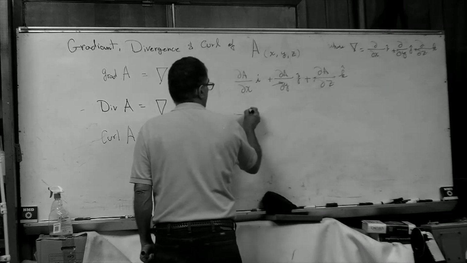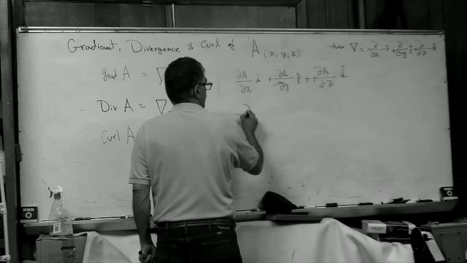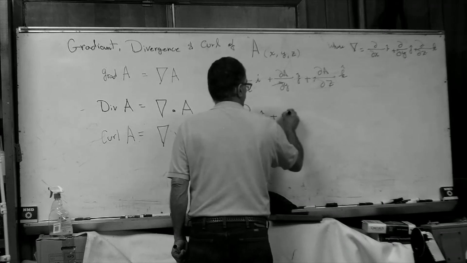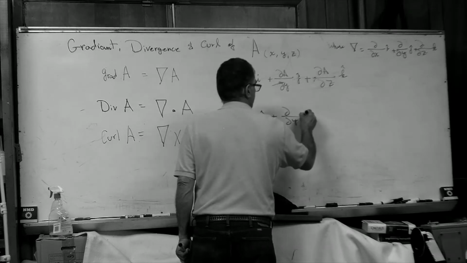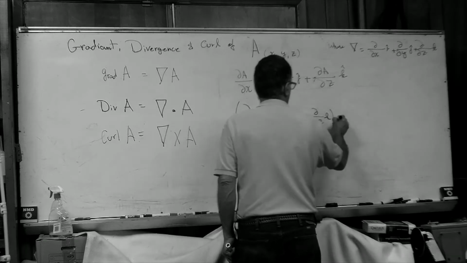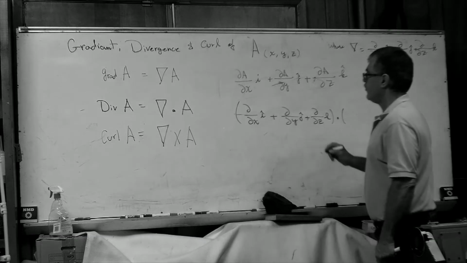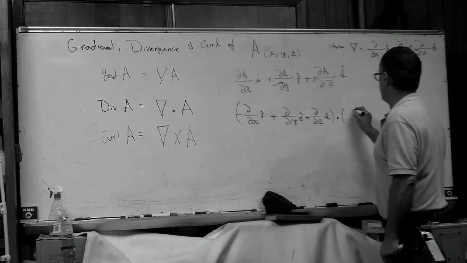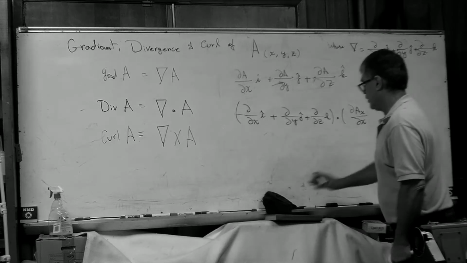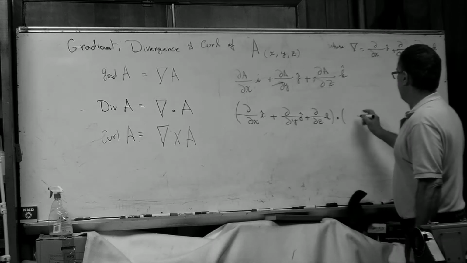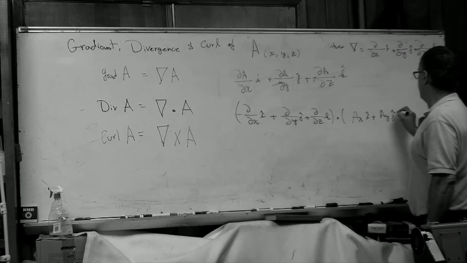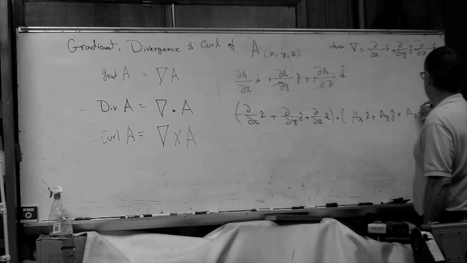So it's going to be del, which is partial derivative with respect to x i plus partial derivative with respect to y j plus partial derivative with respect to z k, dot Ax i plus Ay j plus Az k.